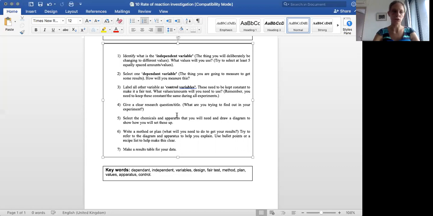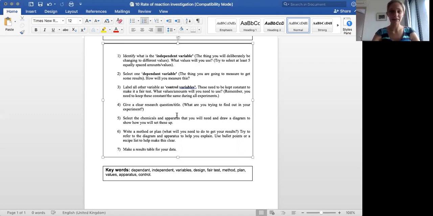So the temperatures you are doing are like 30 degrees, 40 degrees, 50 degrees, 60, nicely evenly spread, not 10, 15, 27. So you want them evenly spread out if you can, guys.